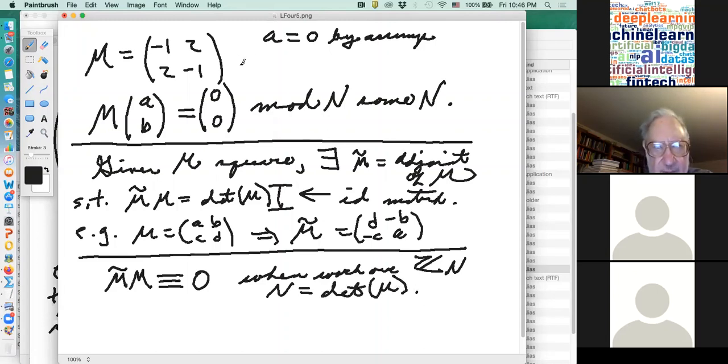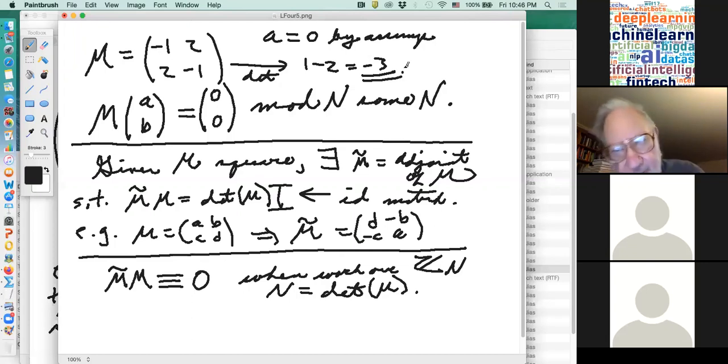What's the determinant here, by the way? The determinant here is 1 minus 4, which is minus 3. So that's perhaps not surprising, because we knew that we should be working in mod 3 for the trefoil knot.